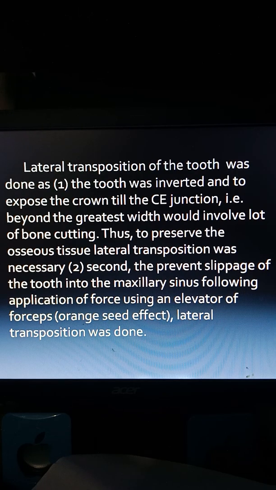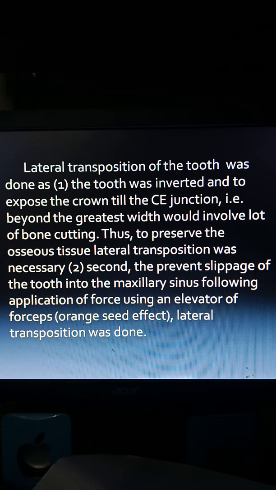Lateral transposition of the tooth was done, first, because the tooth was inverted, and to expose the crown till the CE junction and beyond the greatest bulge would involve a lot of bone cutting. Thus, to preserve the osseous tissue, lateral transposition was necessary.